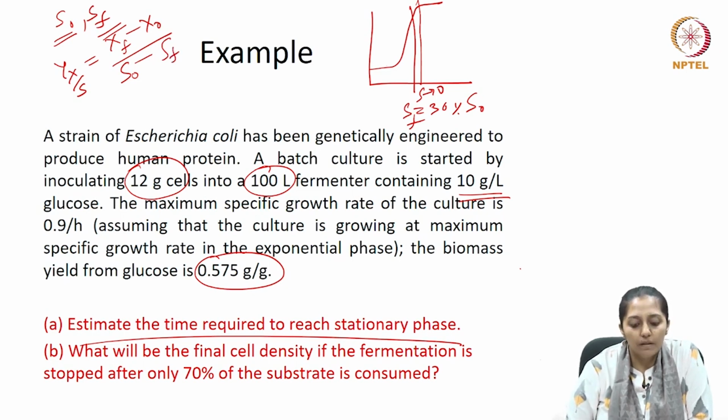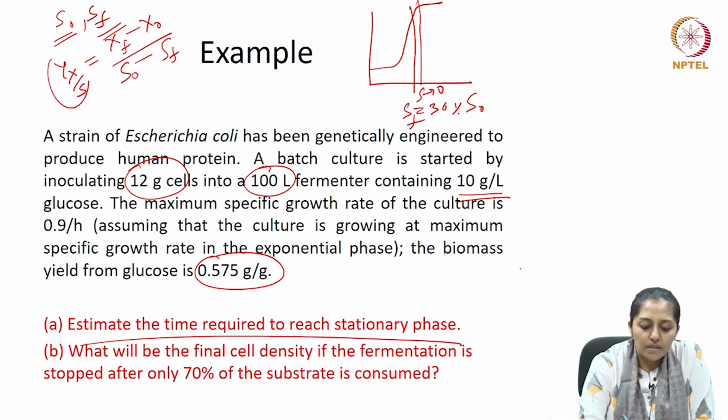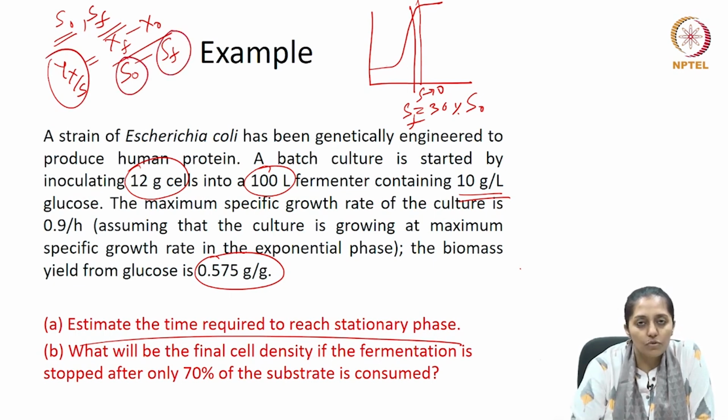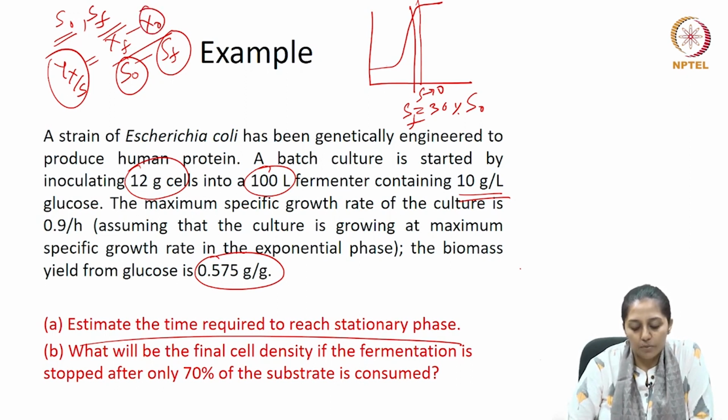F stands for final, O stands for the initial value. Now, Sf is known, X naught is also known, so we can easily calculate the final biomass.